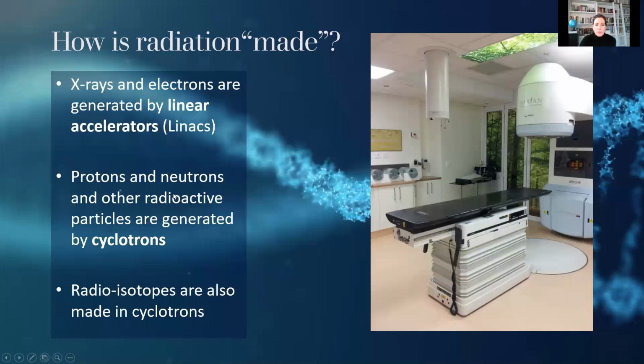You can also treat head and neck tumors with protons and neutrons. We don't do that in our department, but we have in the past used them, and they are generated in cyclotrons, which are sizable machines, the size of a football field. So there are not that many of them around in the world.